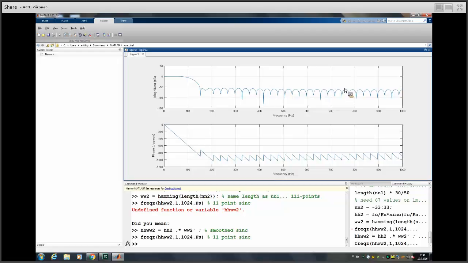So we can control the cutoff frequency by sink, that's the Fc over Fn term.